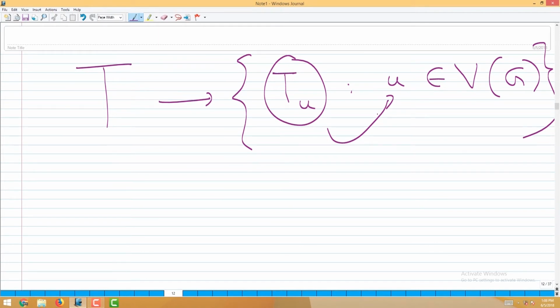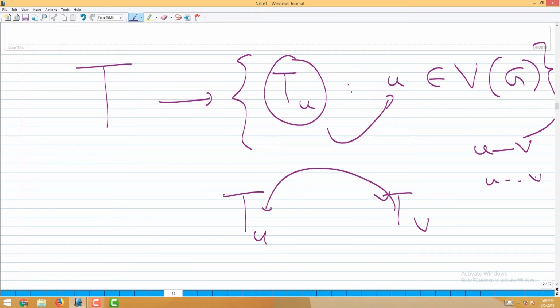We have to do two things. Take two vertices, u and v, of the original graph. Corresponding to them we now have Tu and Tv. Now we have to show that if u and v had an edge, then Tu and Tv intersect. If u and v did not have an edge, then Tu and Tv will not intersect. This we have to show.